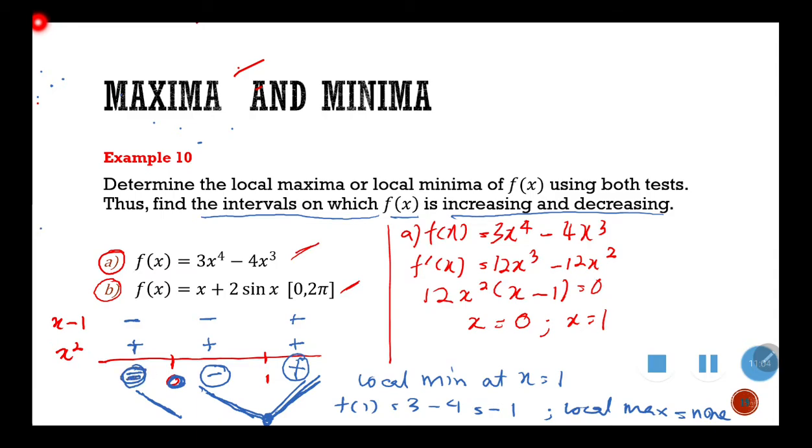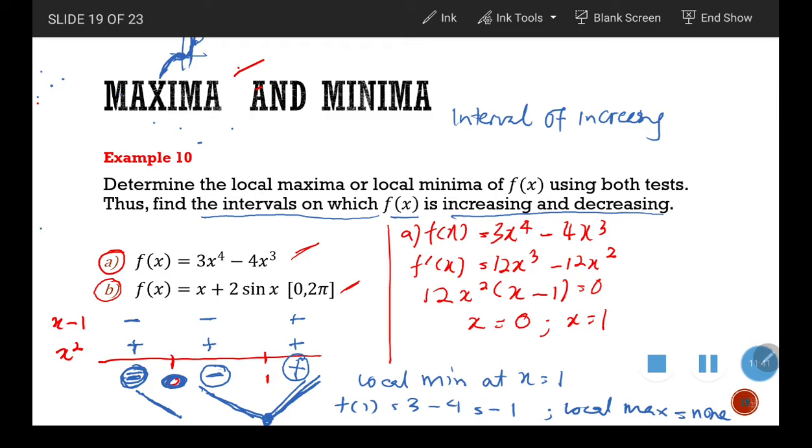If it's negative, maknanya dia decreasing, but it is excluding 0 kat sini. Maknanya function tu at x equals to 0 dia tak masuk. Kenapa jadi macam tu? Sebenarnya graph tu at x equals to 0 dia tak increase ataupun decrease, lebih kurang macam ni.